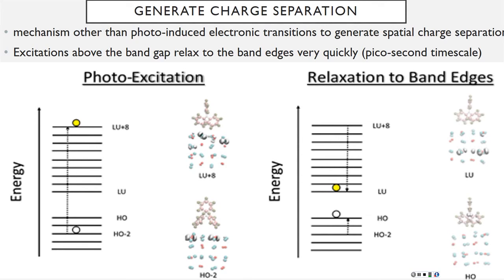And then if you think about it, this is a very unstable state, and the electron will want to come back down and try to get into equilibrium. And to do that, it will relax to the band edges, which happens approximately on the picosecond level. So if both the electron and the hole come to the band edges, that will produce spatially separated charges.